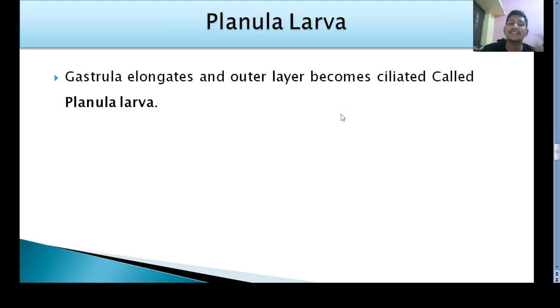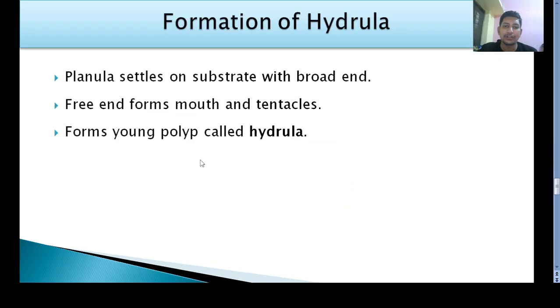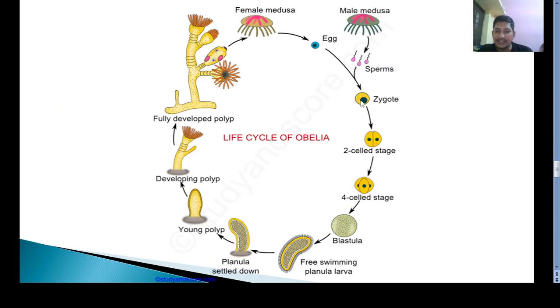Now this gastrula, it becomes elongated and it develops cilia on its outer layer, and now it is called planula larva. Okay, so you can see this picture: zygote, blastula, blastula will develop into gastrula. Okay, gastrula, it is not shown in this figure.